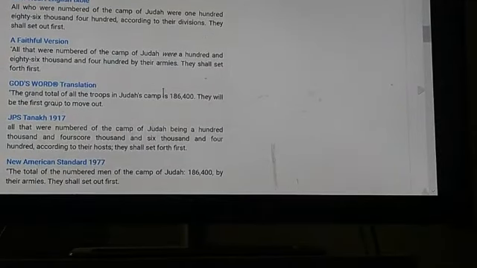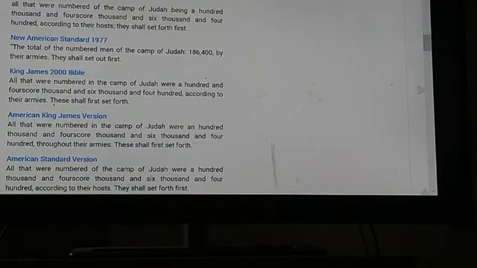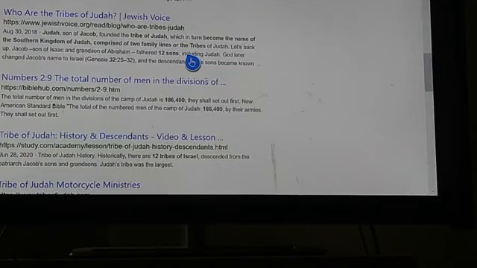Well over the speed of light. Not well over, just over the speed of light. Right? Tribe of Judah, which is the lion, right? The lion is the Leo, is the sun.